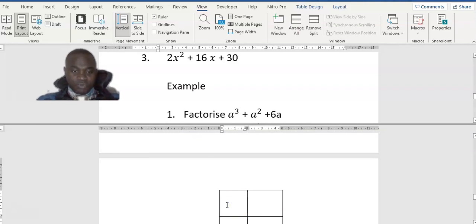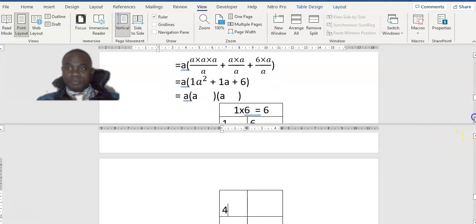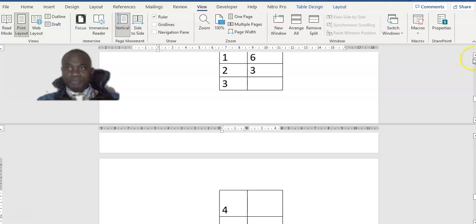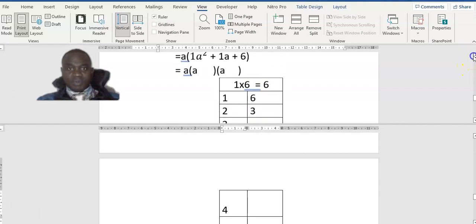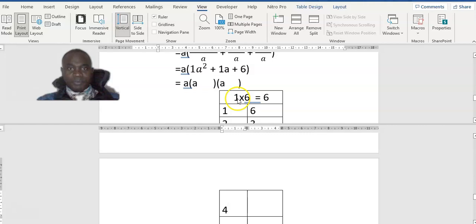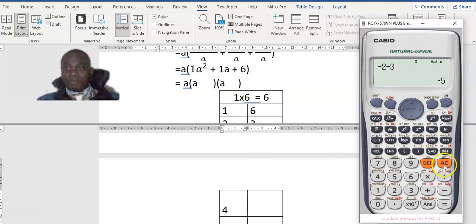So 4 times what number will give you 6? So you say 6 divided by 4. It gives you a decimal. It's not possible. We can't use 4.